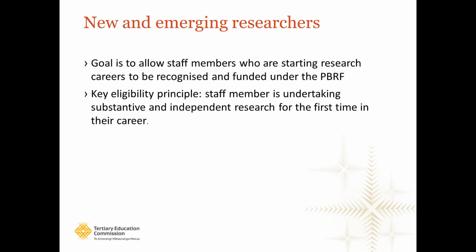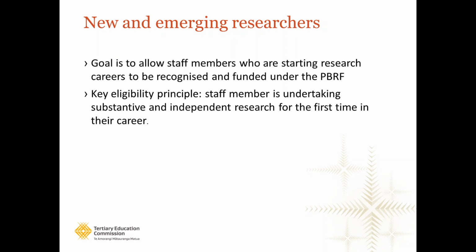And there's been some questions around research outputs that were completed while somebody was doing a PhD, for example, and it goes to our definition of research and independent research. Do you want to comment on that? Yeah, so as you said, the minimum requirement for research outputs is that there is one NRO, and that NRO does need to meet the definition of research, and it needs to be substantive and independent research under that definition.